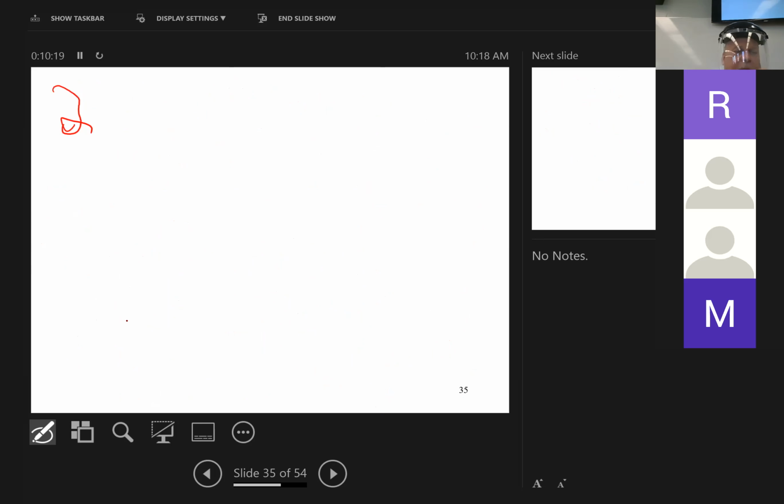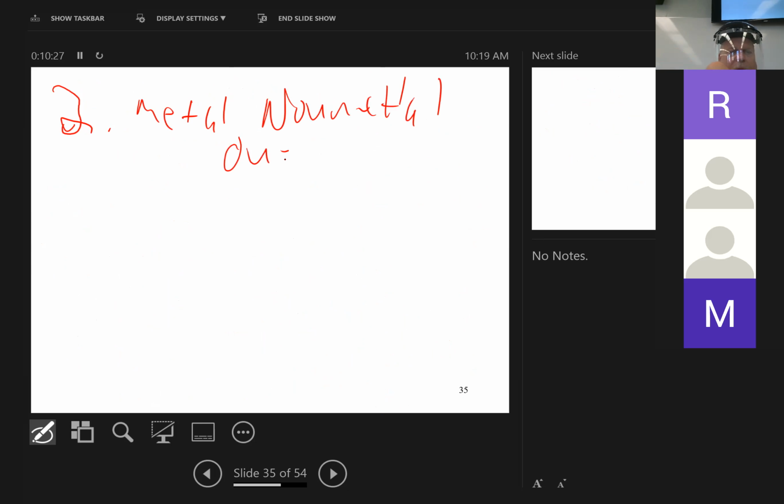The next one is the metal, non-metal, and one less oxygen. Okay? So, by the previous rule, what is this compound?